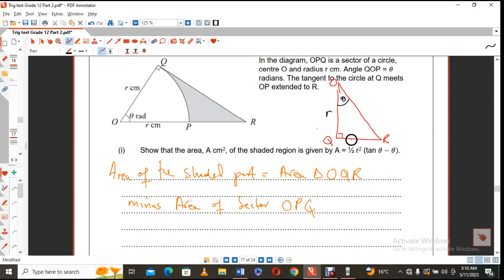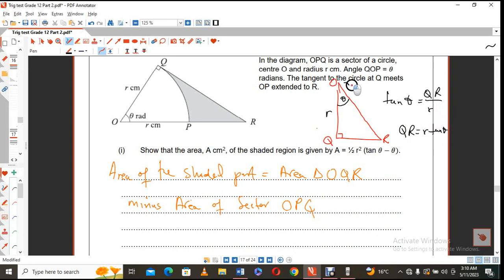For me to calculate the distance QR, I'll have to use the tangent. The tangent of theta is whatever is opposite theta, in this case QR, divided by the adjacent, which is R. That implies that QR is equal to R tan theta.